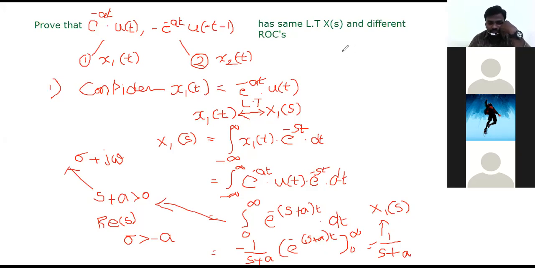So here I am writing the Laplace transform and the region of convergence for the first function. x1 of s is equal to 1 by s plus a, with the ROC, region of convergence, being the real part of s must be less than, oh sorry, greater than minus a.